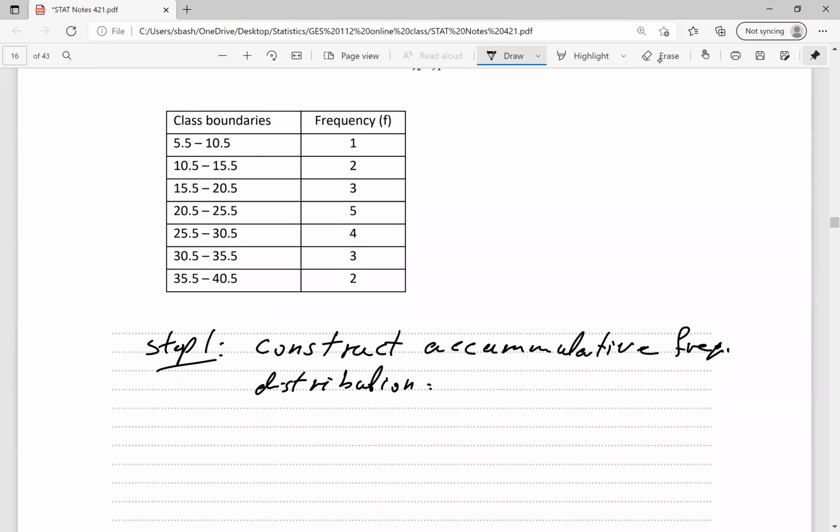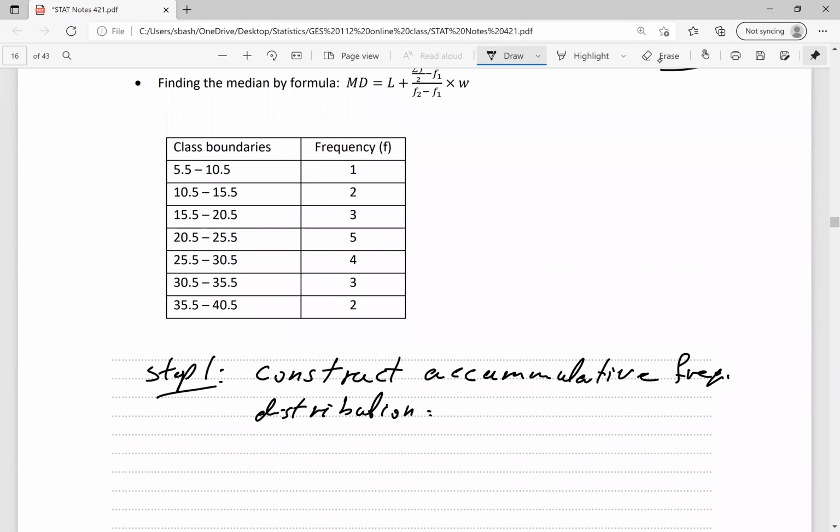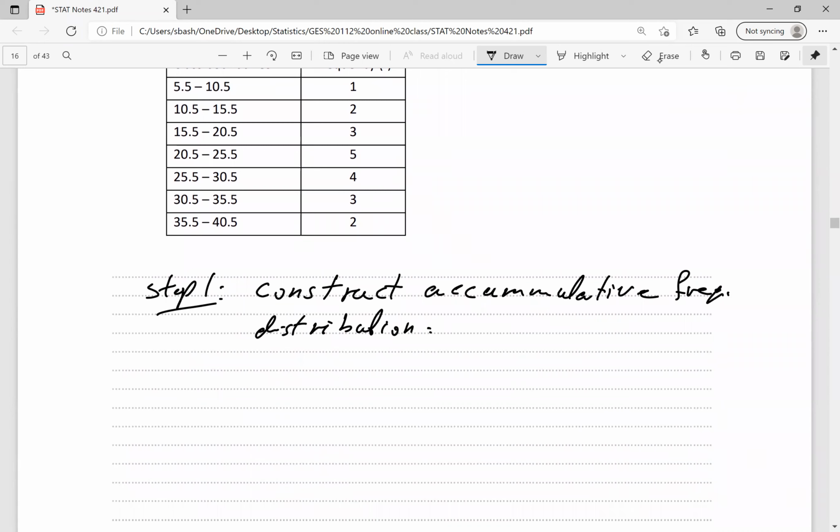For the cumulative frequency distribution, let's start with less than 5.5, then less than 10.5.